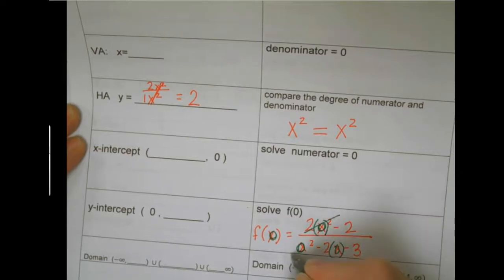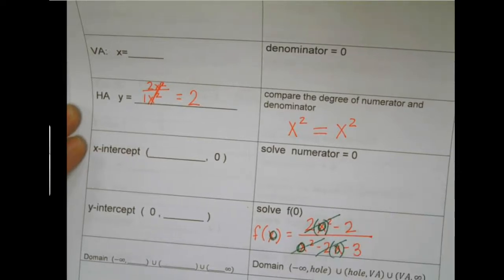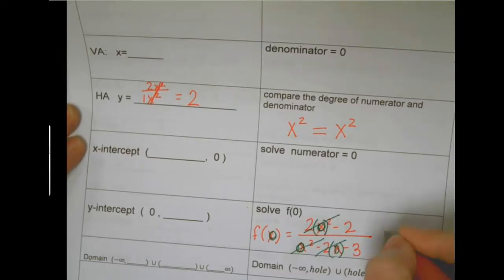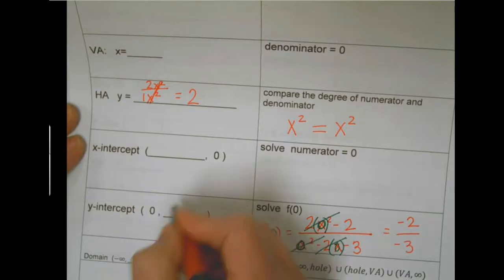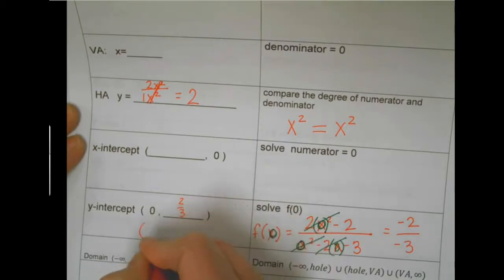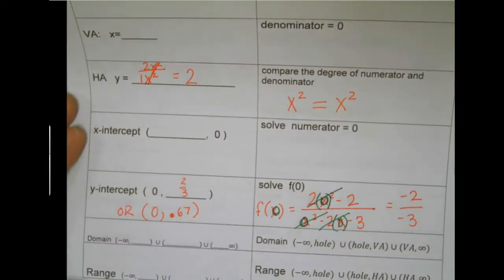That zeroes out, that zeroes out, that zeroes out. So what's left is a -2 over a -3. What's that equal to? 0.67 in decimal form.